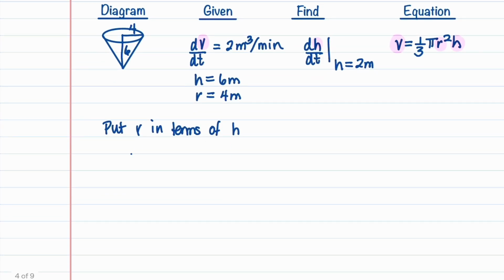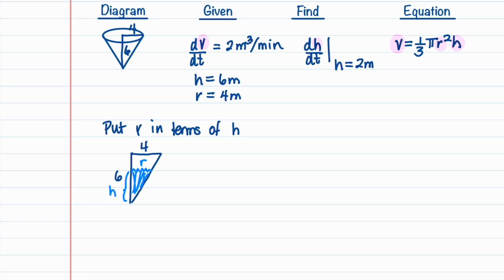I am going to take just the cross section of our cone. We were given that the radius is 4 and the height is 6. Now let's think about some water being pumped in. Let's say that this is how much water we have. We can call this the radius and this part here the height.